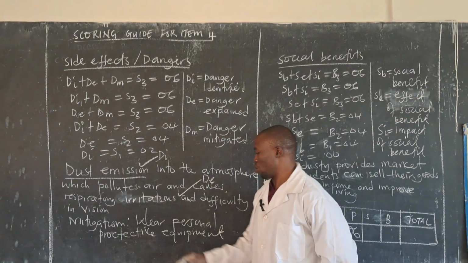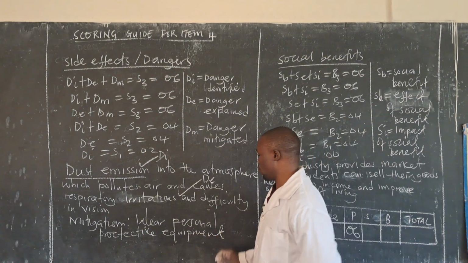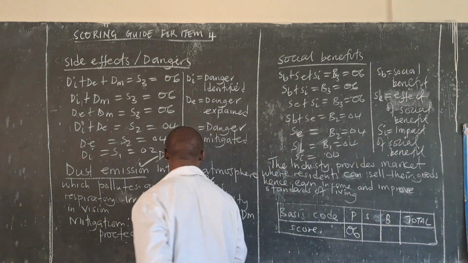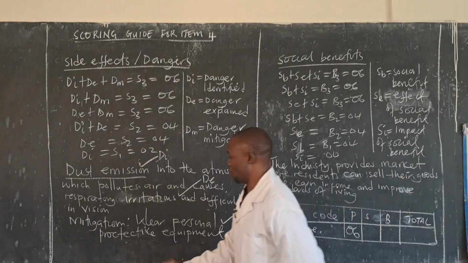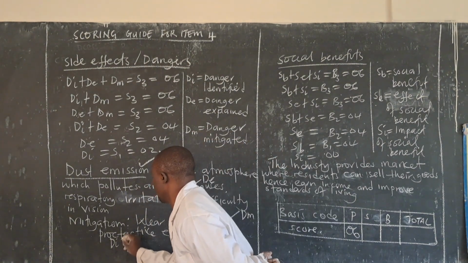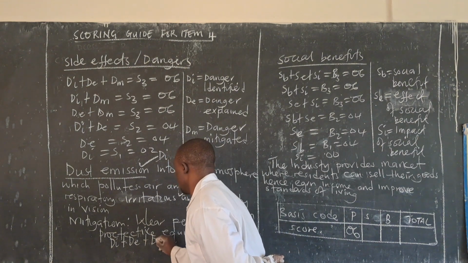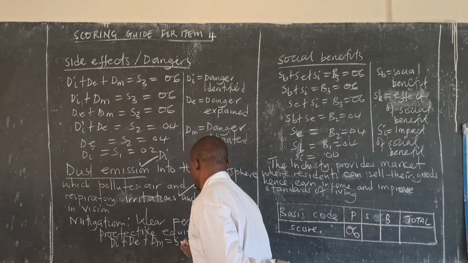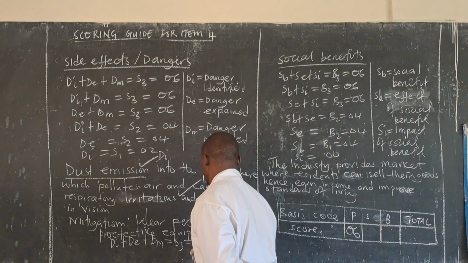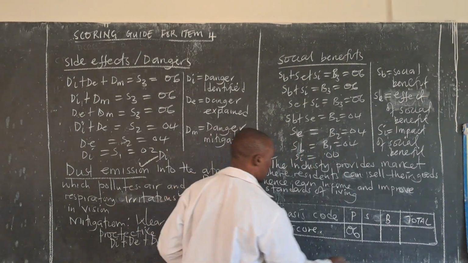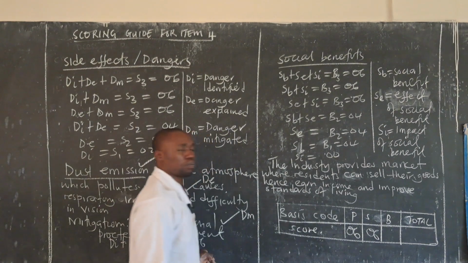Then mitigation, wear personal protective equipment, danger mitigated. So we go below the learner's work here, then we put the danger identified, danger explained, danger mitigated equal to AC3 equal to 0.6. So we transfer this 0.6 in the grid here, 0.6.